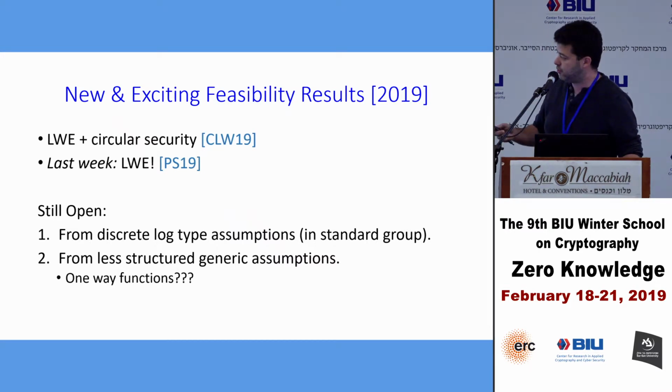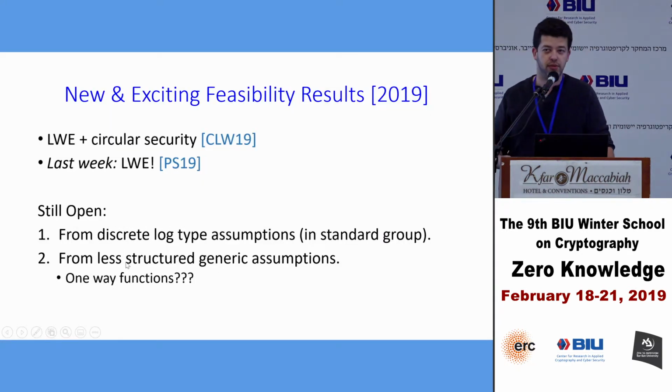And maybe a somewhat harder question: can we build this from a generic assumption? Say, can we build NIZKs from one-way functions, like we could do for interactive zero knowledge? That is, as far as I know, wide open. As far as I know, there are no real barriers to this. So there's no reason for us to believe that it's not possible. Okay.